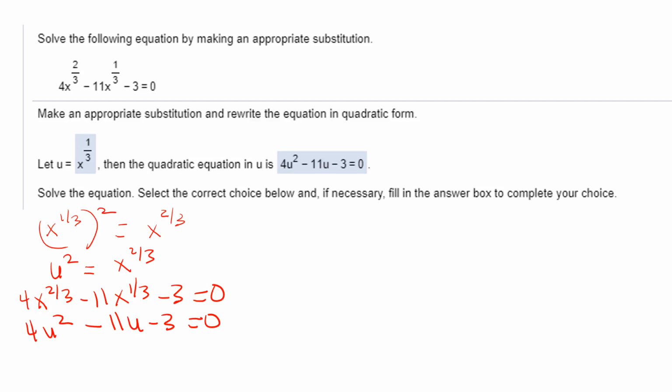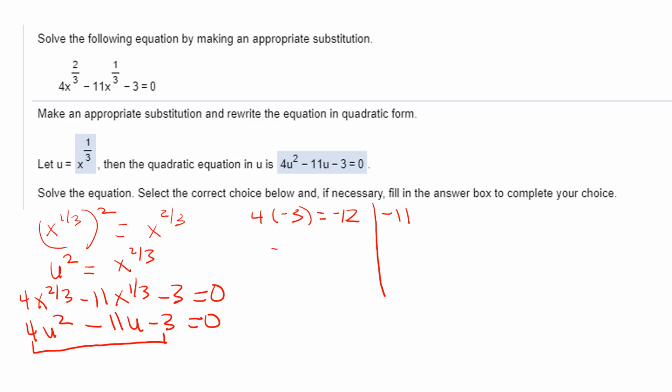Now we're going to solve this by factoring. I use a method called the t-chart method, which means I take the leading coefficient times the constant. So 4 times negative 3 is negative 12, and I look for factors of negative 12 that add to be negative 11.